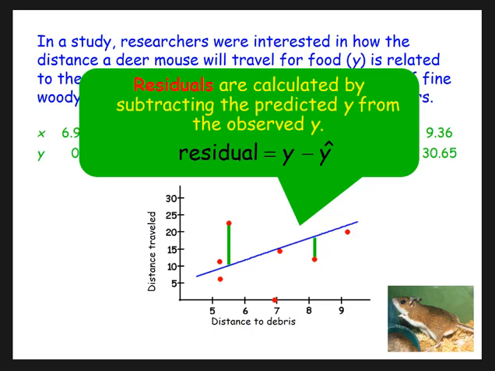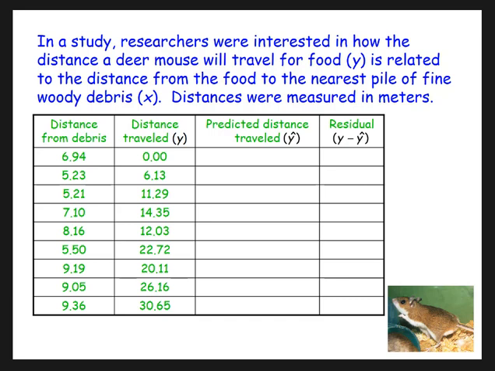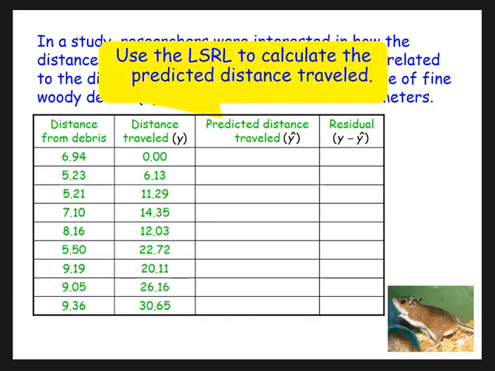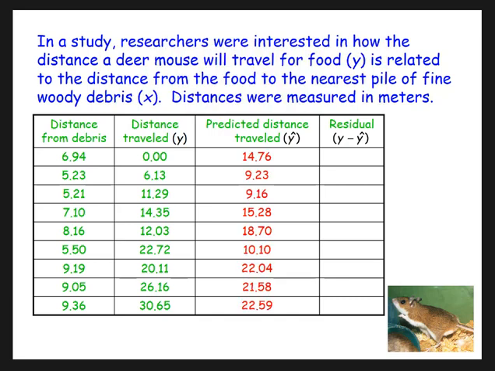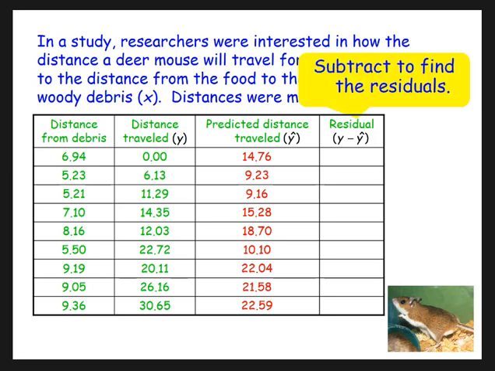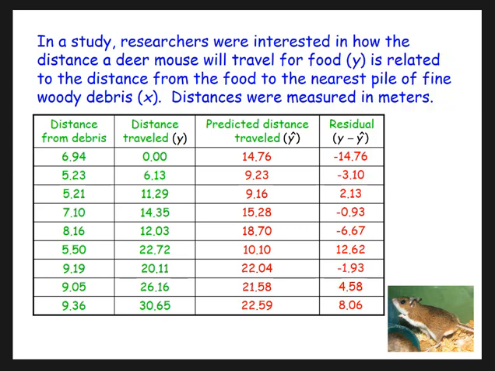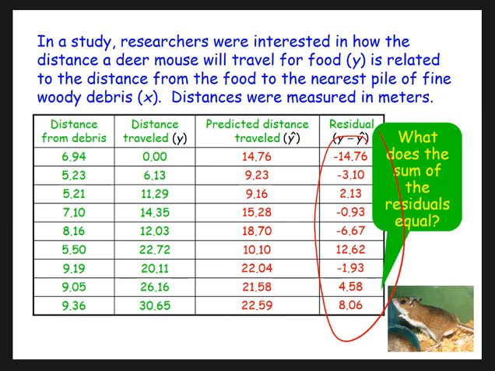So each residual is the predicted value subtracted from the observed or actual value. We get that predicted value for each data point using our regression equation, and we subtract, the actual value minus the predicted value. And we see these are the residuals.